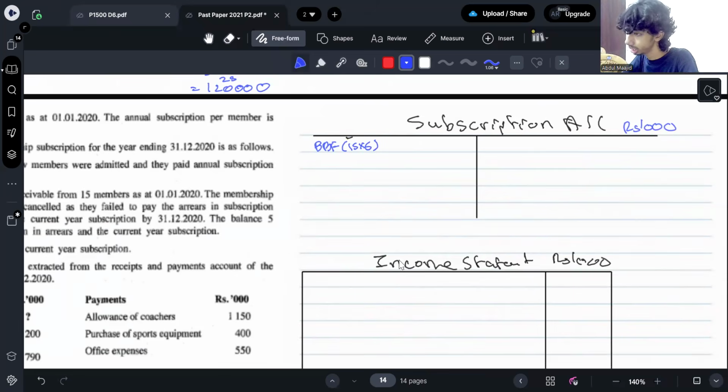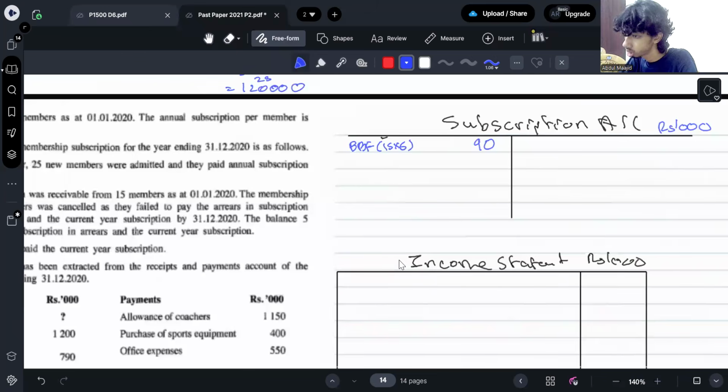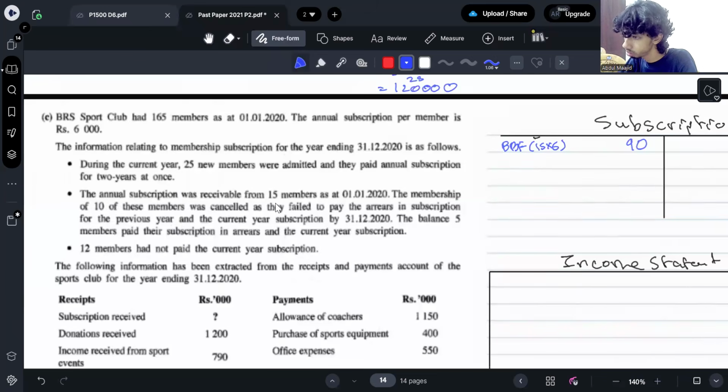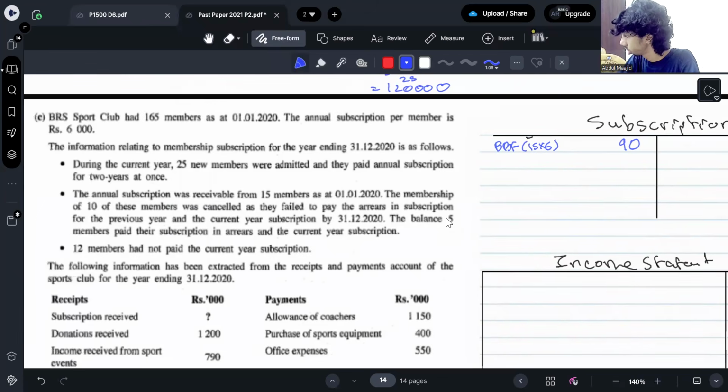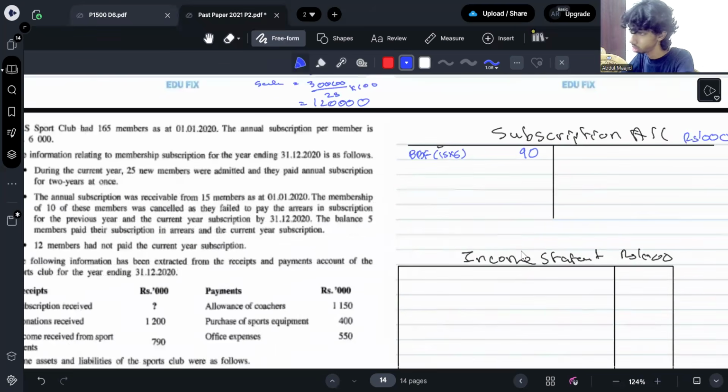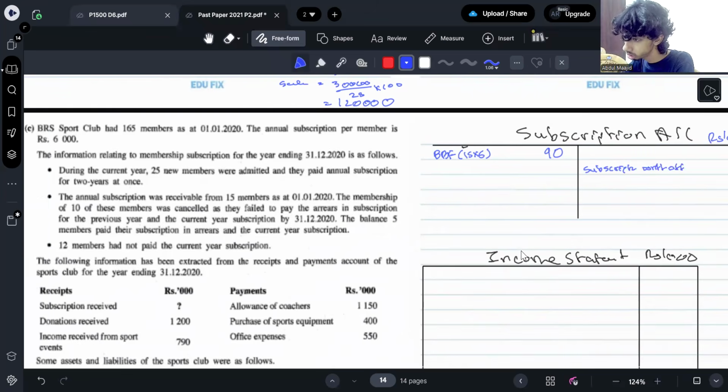The membership of 10 of these members was cancelled as they failed to pay the arrears in subscription for the previous year and the current year by 31st of December.